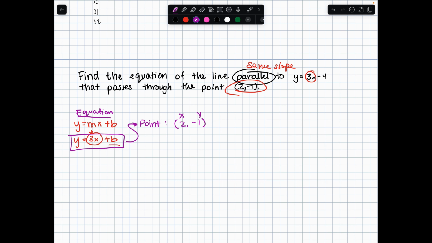I'm going to plug it in here. So instead of y, I'm going to put -1 equals 3. Instead of x, I'm going to put parentheses 2. Whenever you plug in something, always put parentheses. And then plus b. If you don't put the parentheses, that will end up looking like 32, which is incorrect. So now we have -1 equals 6 plus b.